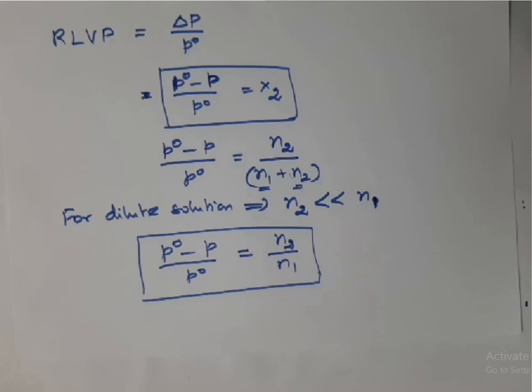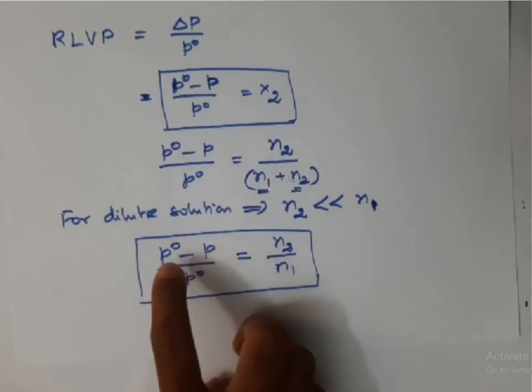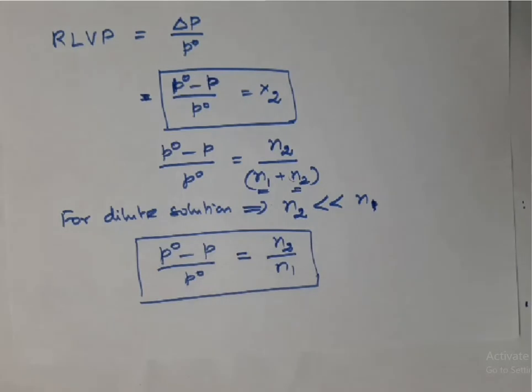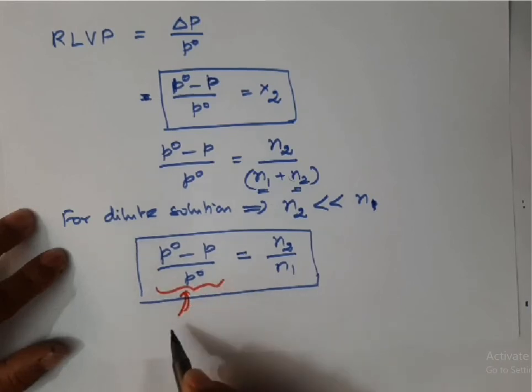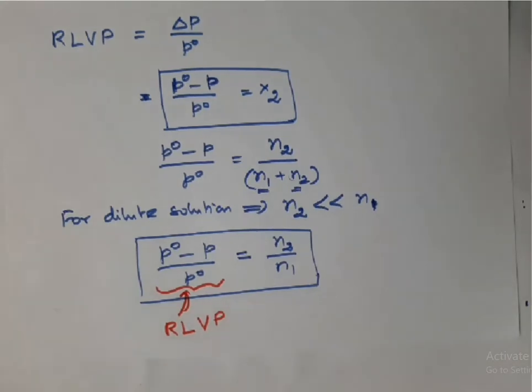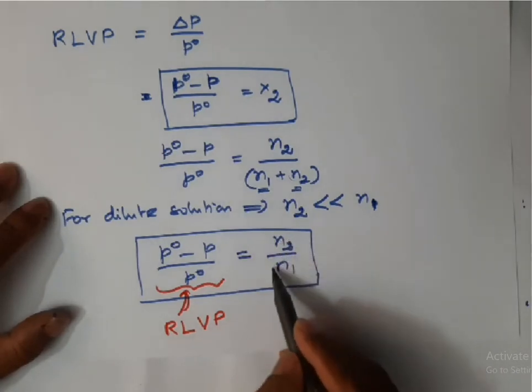What is P naught minus P by P naught? The left hand side quantity is nothing but relative lowering of vapor pressure, which is equal to number of moles of solute over number of moles of solvent.